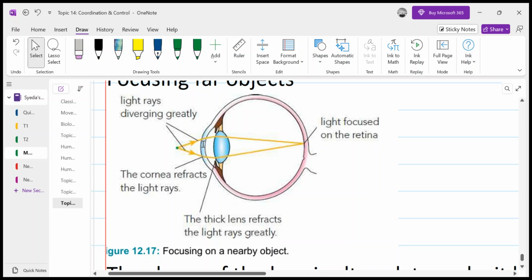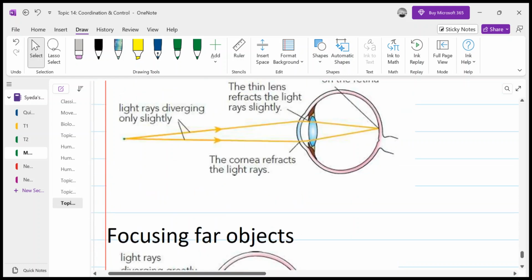One of the focusing is done by the cornea, and the rest of the focusing is done by the lens. So whenever we need more focusing of light, the lens has to be more bulging or more curved, because the more curved the lens, the more light it will focus.